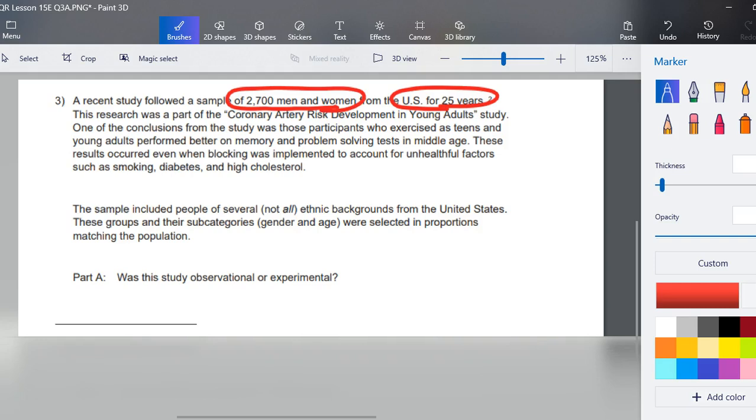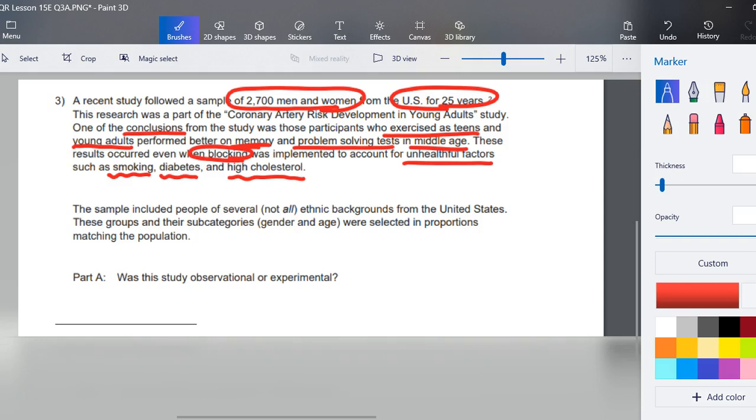One of the conclusions from the study was that those participants who exercised as teens and as young adults performed better on memory and problem-solving tests when they got to middle age. These results occurred even when blocking was implemented to account for unhealthful factors like smoking, diabetes, and high cholesterol.